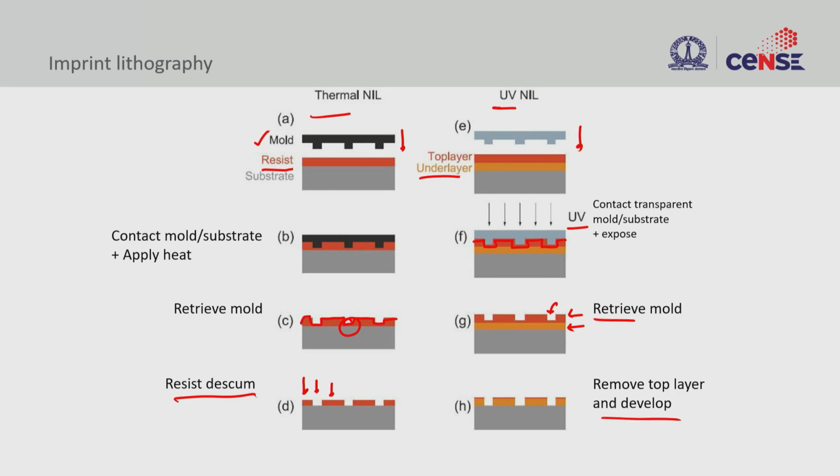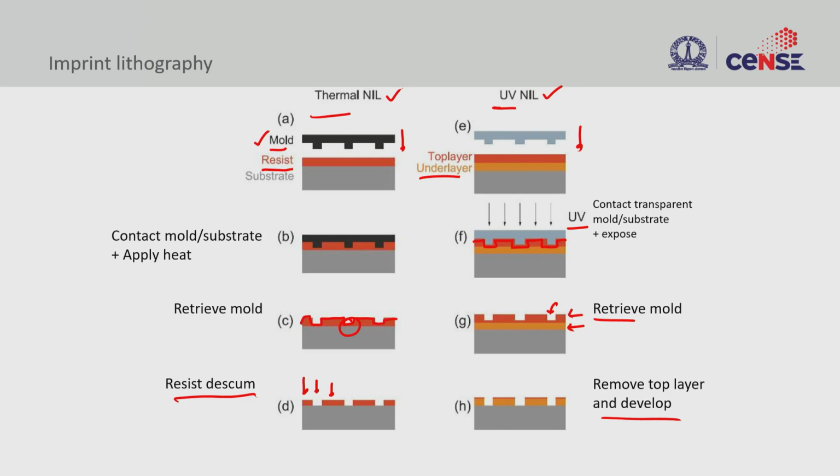So both can be used, and based on the application you use either thermal or UV. One of the main differences between thermal and UV is the type of mold. In thermal nano imprint lithography, the mold need not be transparent. You can even take a steel mold, press it against the soft material and heat it up.